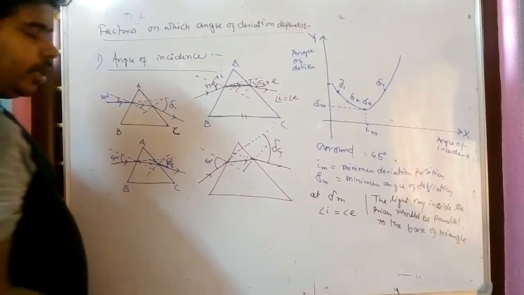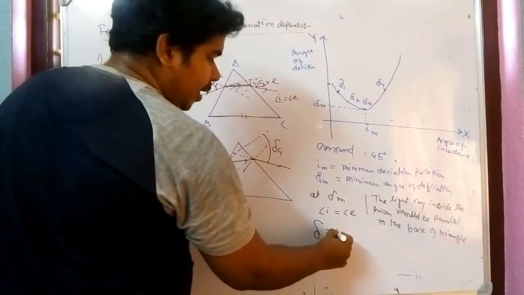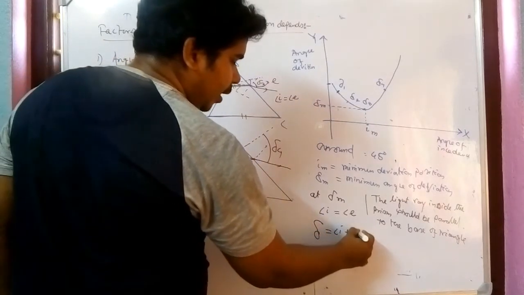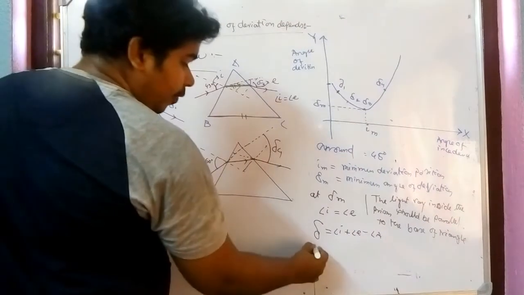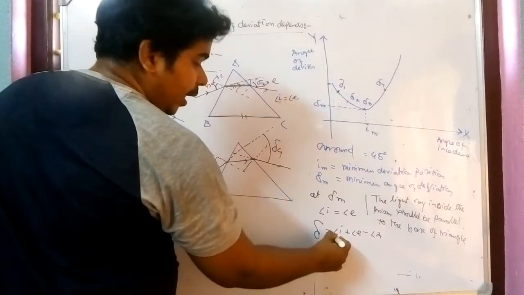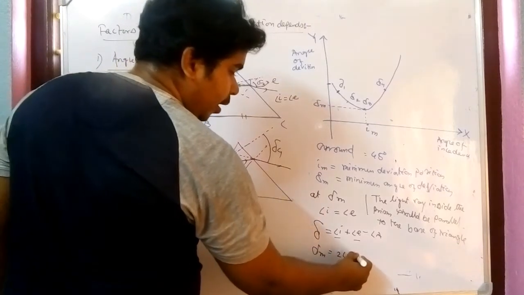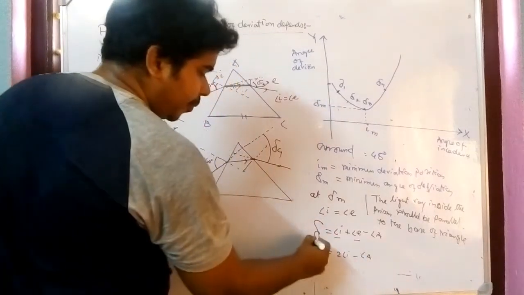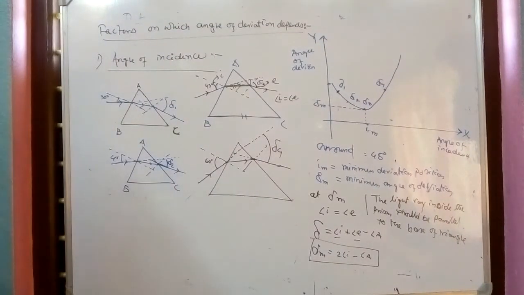We have seen delta equals angle I plus angle E minus angle A, and here if I find delta m, angle I equals angle E, so it is 2 times angle I minus angle A. That is the relation for the minimum angle of deviation.